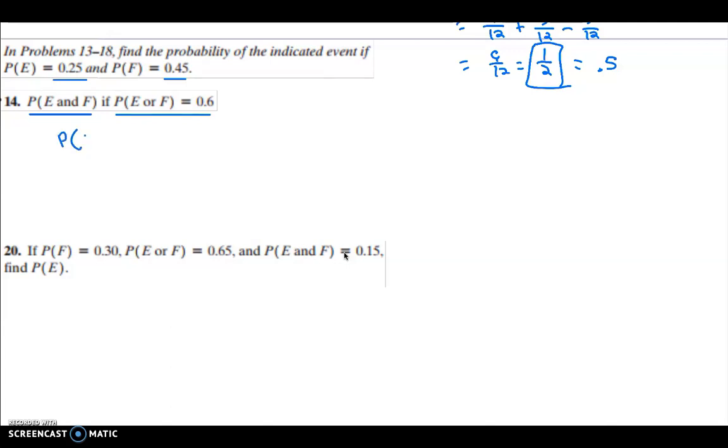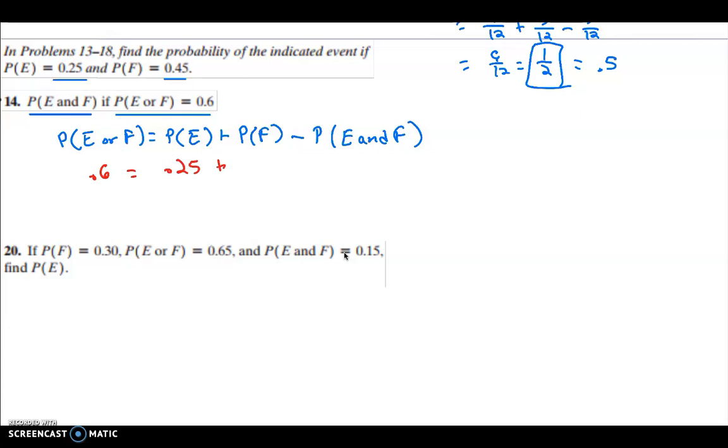So remember, the probability of E or F is the probability of E plus the probability of F minus the probability of E and F. So we know the probability of E or F is 0.6, the probability of E is 0.25, and the probability of F is 0.45, but we don't know the probability of E and F.